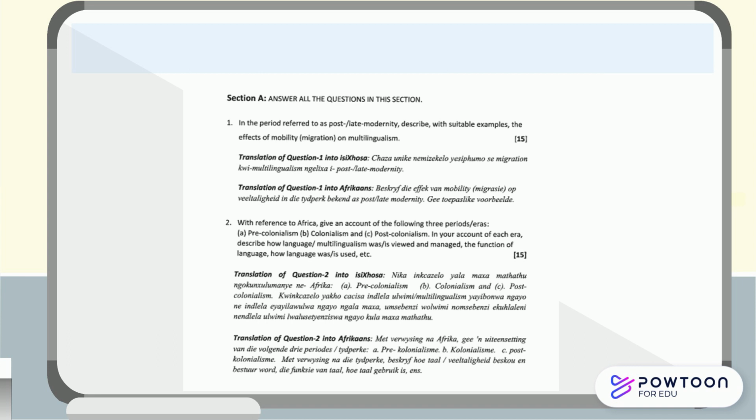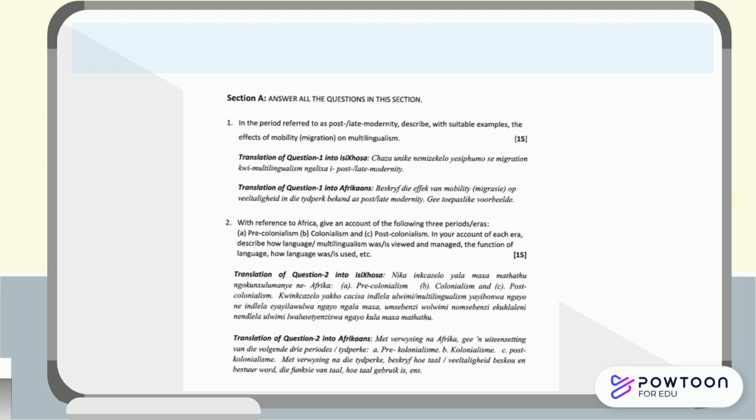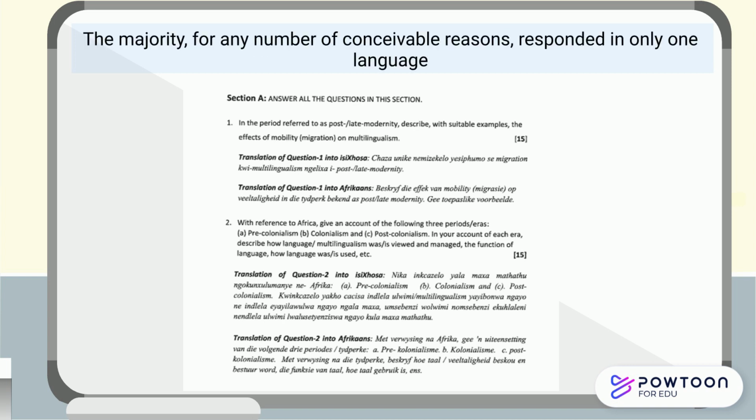In the same course, the lecturers signaled their approval of a heteroglossic view of multilingualism in answers provided by students in class assessments. Interestingly, in their written answers initially, very few students took up this offer. The majority, for any number of conceivable reasons, responded in only one language.